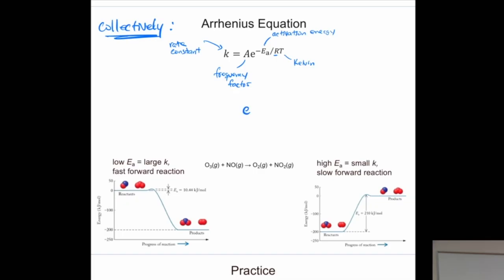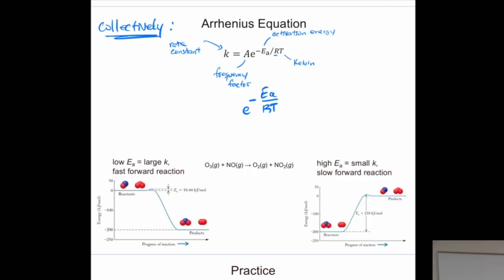This is e, Euler's number, to the power of negative activation energy over RT. Now, if you know anything about exponents, whether it's e or 10 to the power of, if it's a negative exponent, what is that number with respect to 1? Is it greater than 1 or less than 1?